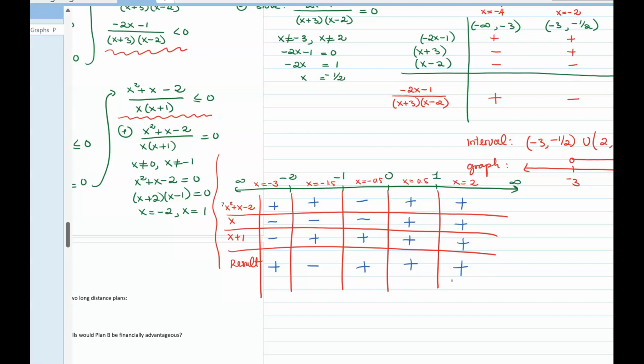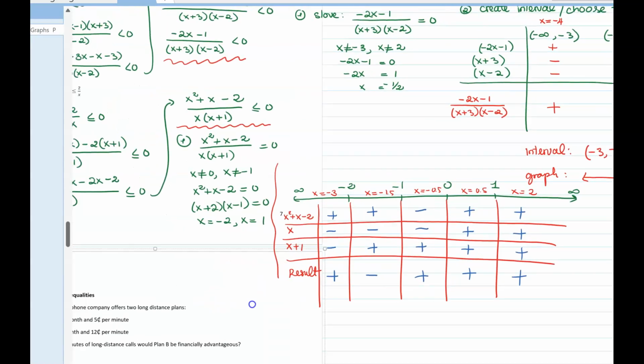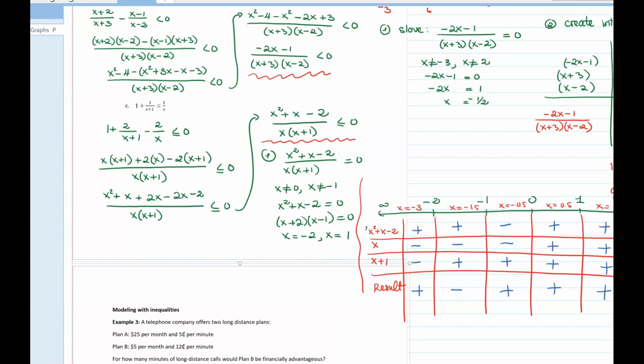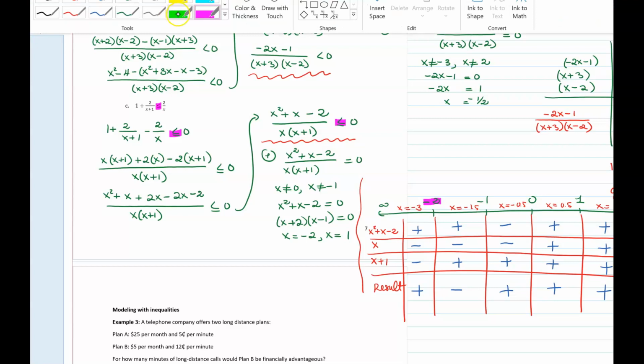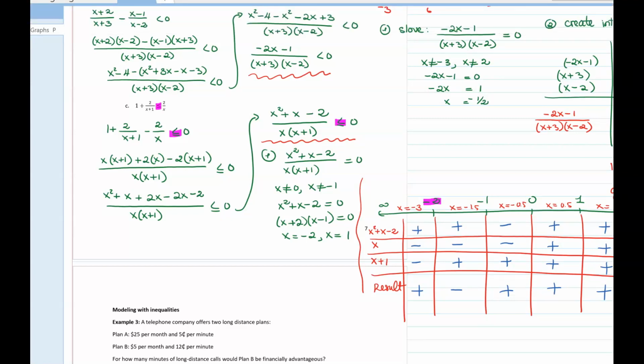Now, note that because our inequality has a less than or equal, we will include the endpoint. We include this endpoint. This equation is undefined at negative 1. That's why we are not including negative 1.